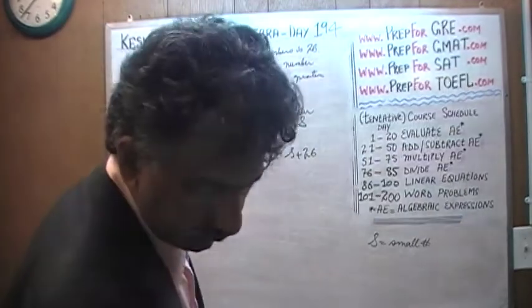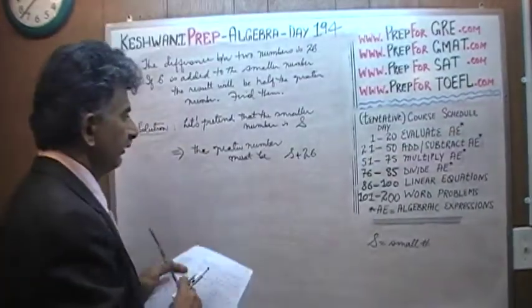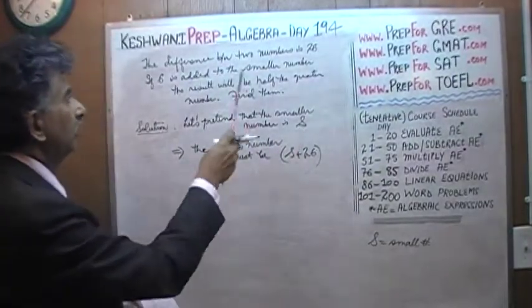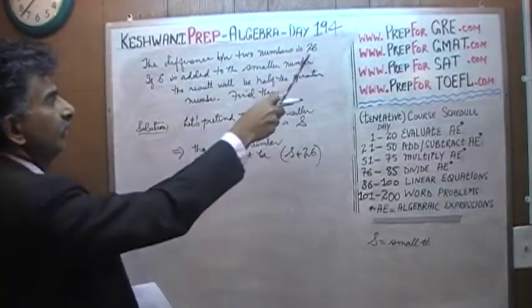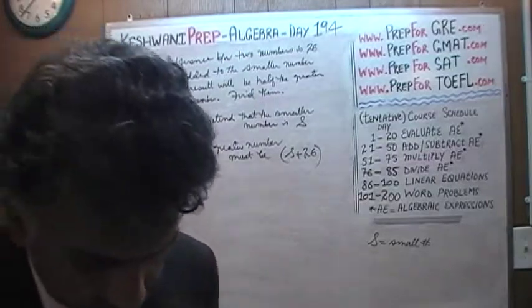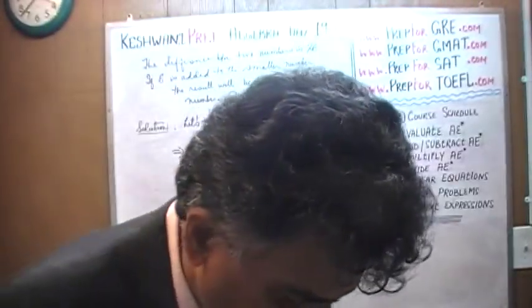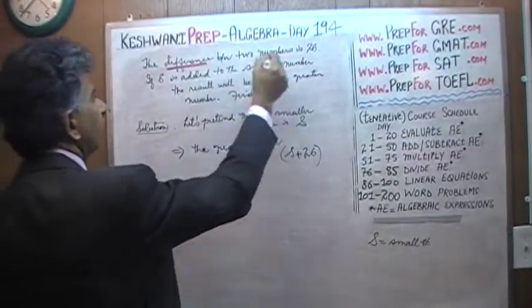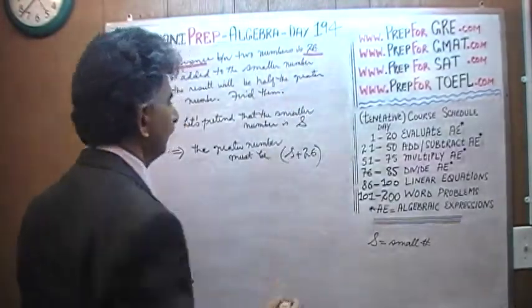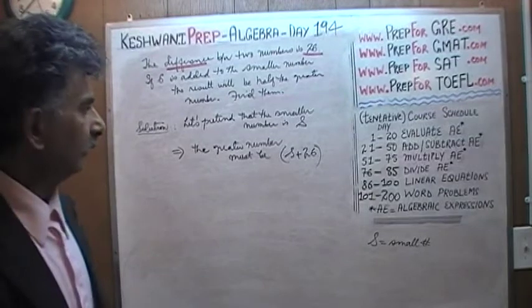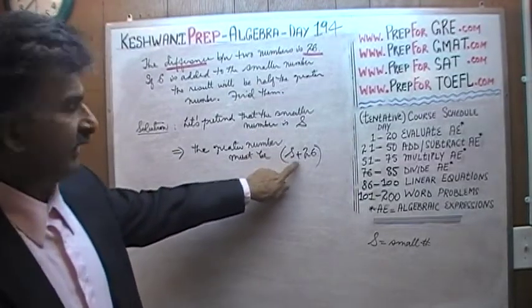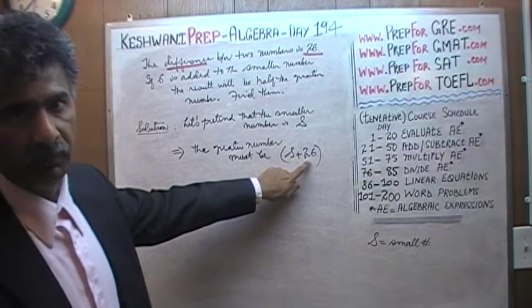Why does the greater number have to be 26 more than the small number? Because we are told that their difference is 26. Which means if a small number is say 5, the large one would have to be 5 plus 26 or 31.